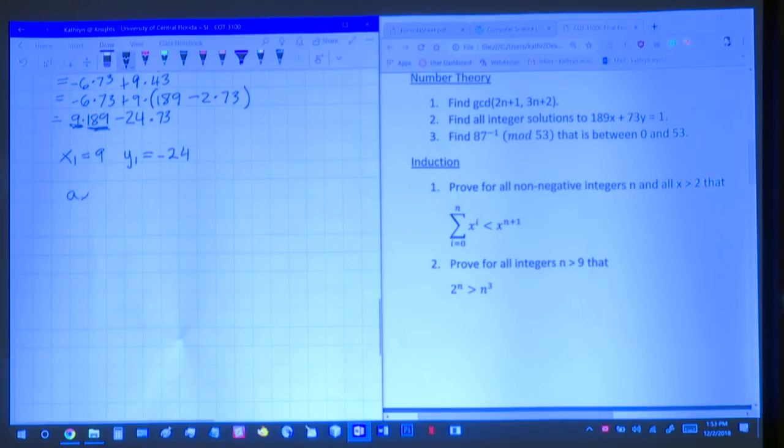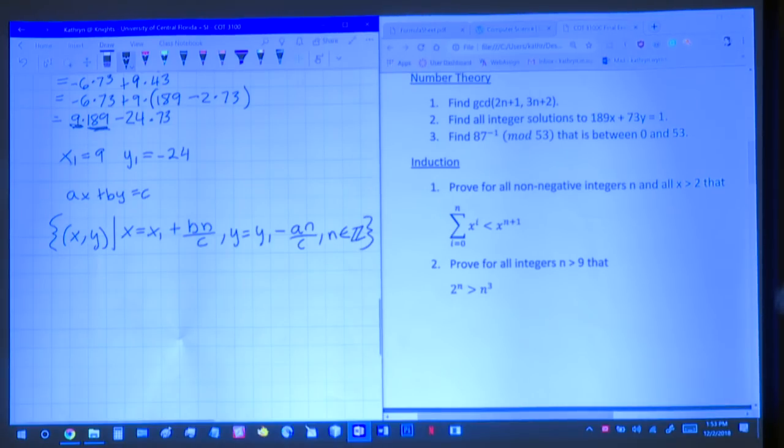So if we have ax plus by equals c, the formula would be the set of all x and y such that x equals x1 plus bn over c, and then y equals y1 minus an over c, where n is an element of the integers.